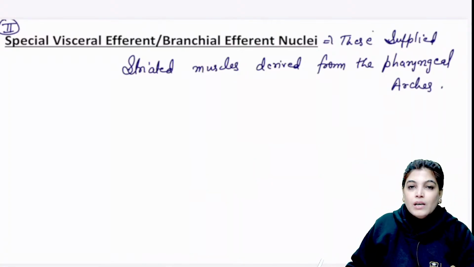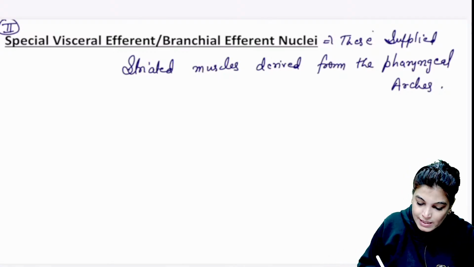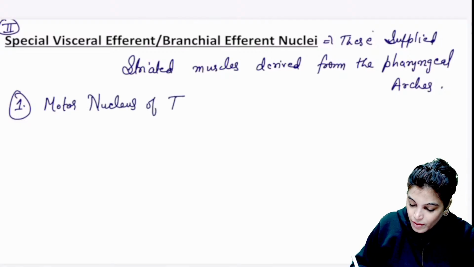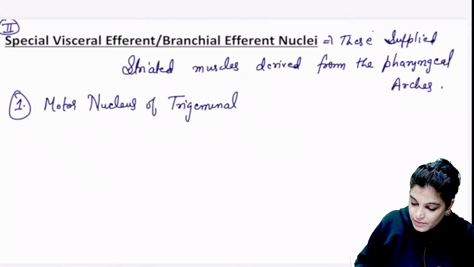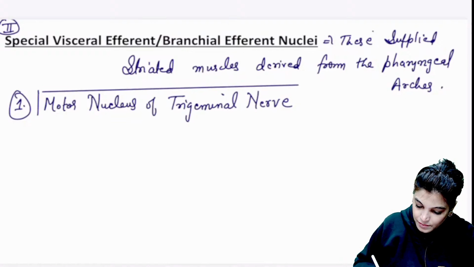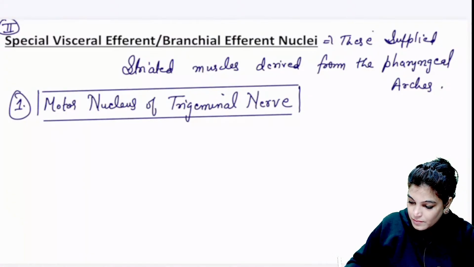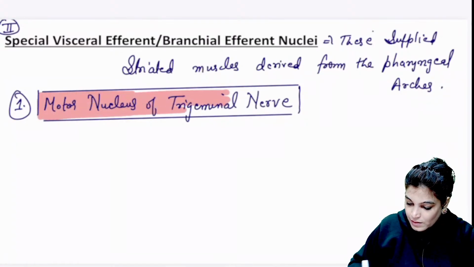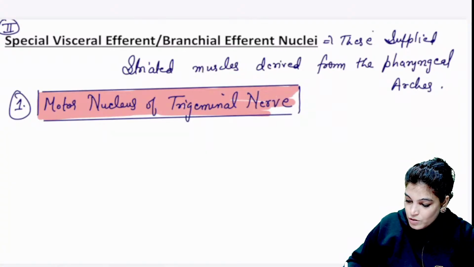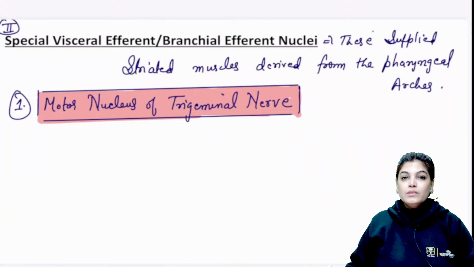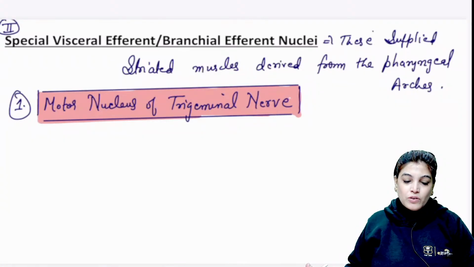Now the cranial nerve nuclei in this category. Starting with the first, the motor nucleus of the trigeminal nerve.